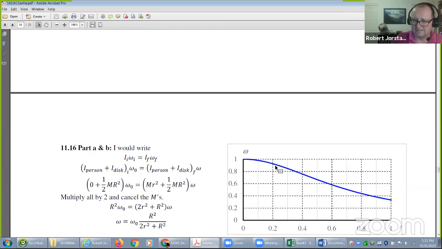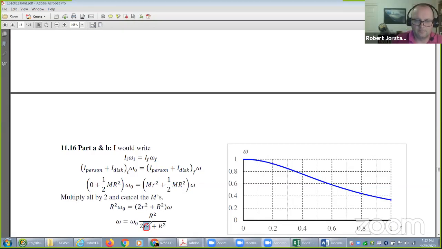To make this plot, you shove it into Excel, but hopefully you at least said, when this is equal to 0, you should get omega naught. So this is omega naught. And then as radius gets bigger, it's going to fall off in some weird way. This function actually relates to one called the witch of Agnesi, if you're into math functions that have names.